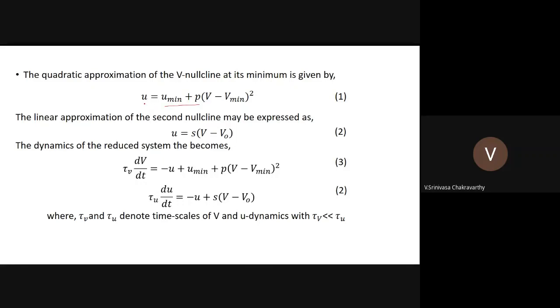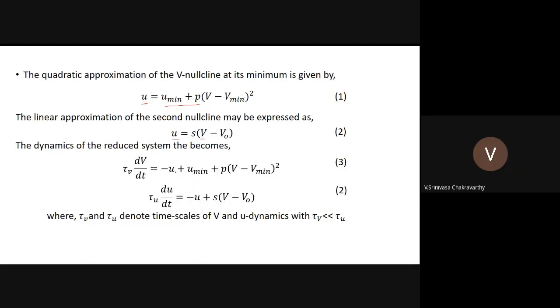Here notice that instead of W notation, we are using a new variable U, which is what is used in the Izhikevich neuron model. So we'll stick with that. The quadratic part is given by this formula, and the linear null line for the second variable U is given by this one. So the variables are U and V. The corresponding dynamics: take U to the right side, so you have minus U, and the null line will be 0 equal to minus U plus all this stuff.